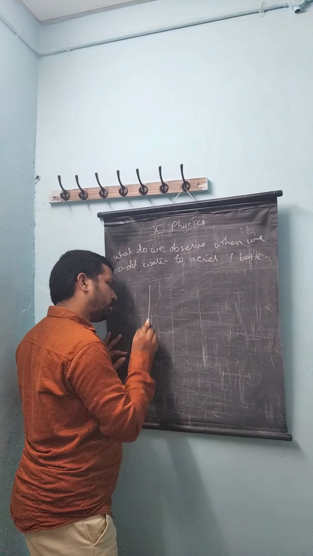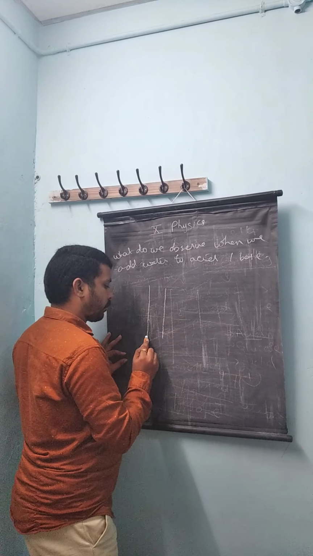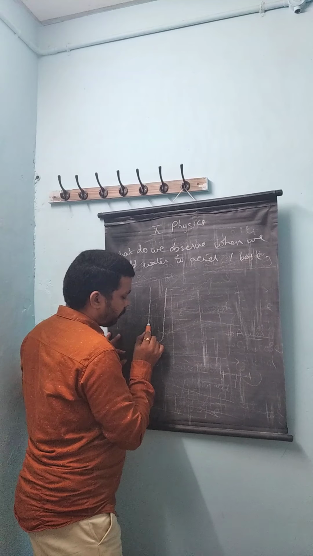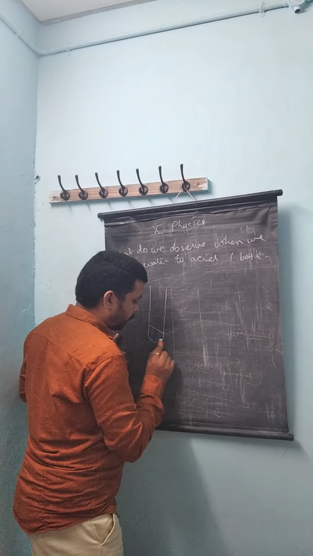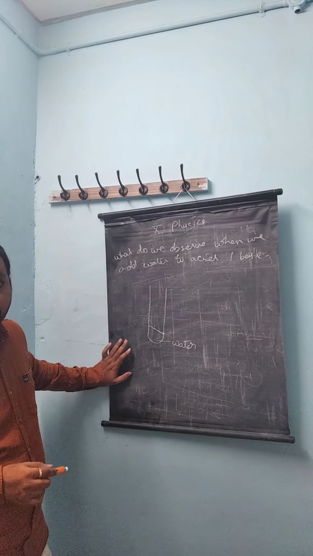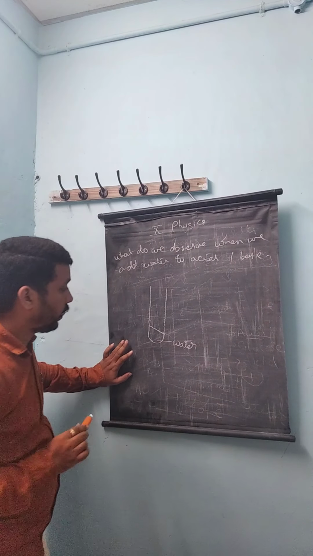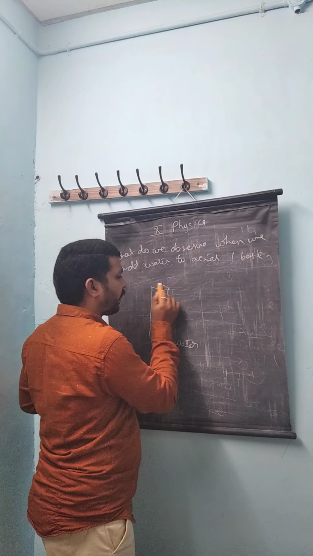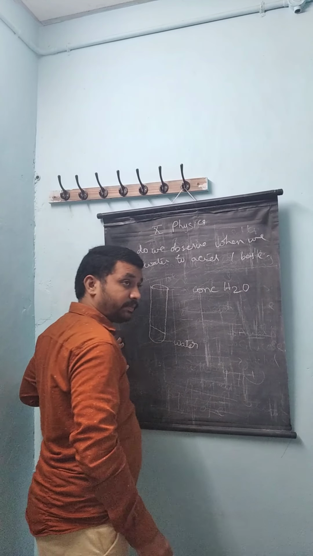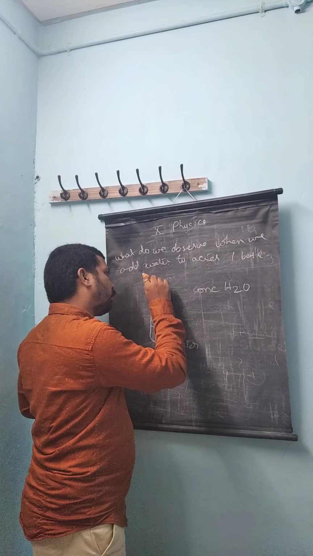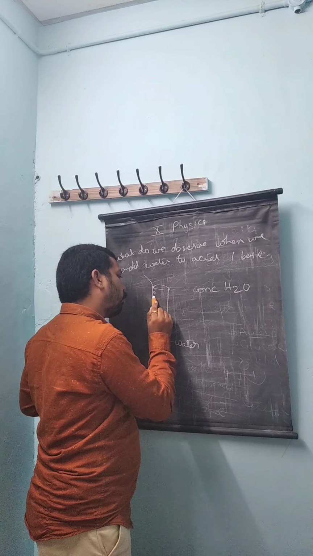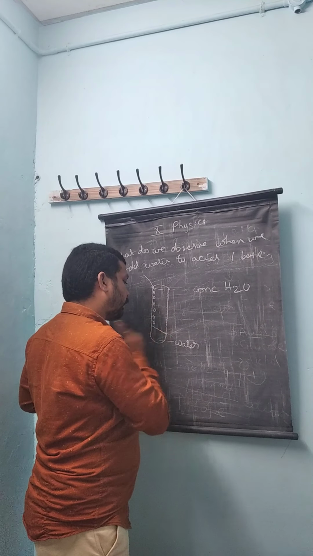Let us take a test tube and fill one-third of the test tube with water. Now we take concentrated sulfuric acid. We have to pour it at one end of the test tube very slowly into the water.